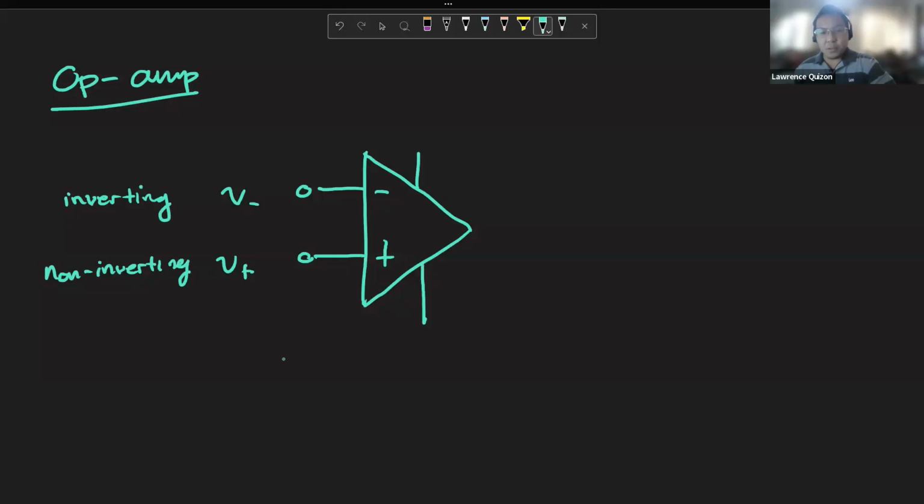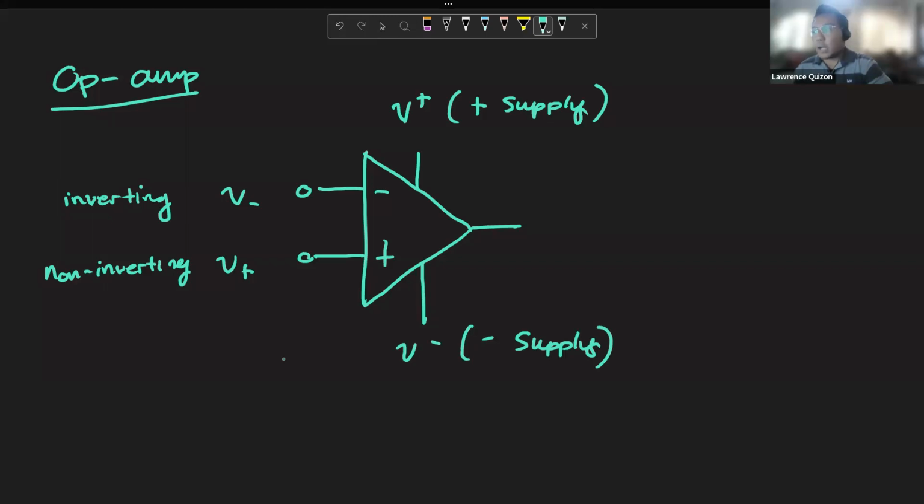And then we have two more pins here. We have the positive voltage maximum and negative voltage maximum. So that's your positive supply. This is your negative supply. And then you have your output, V out, no?